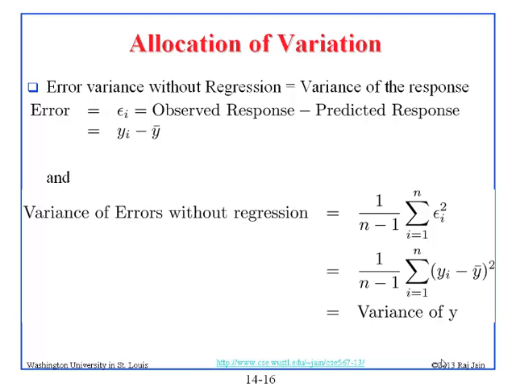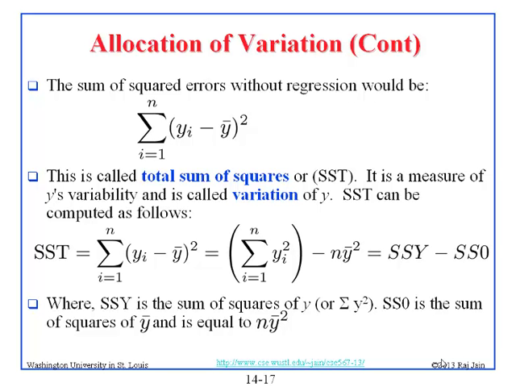But now that you have introduced x, you're not just taking y values, but you are taking that it is related to x. So now what you have has to be less than what you had before. Let's see how that can be divided. The sum of y minus y bar whole squared can be written as two parts: sum of y squared minus n times y bar squared. The sum of squares of y is called SSY.